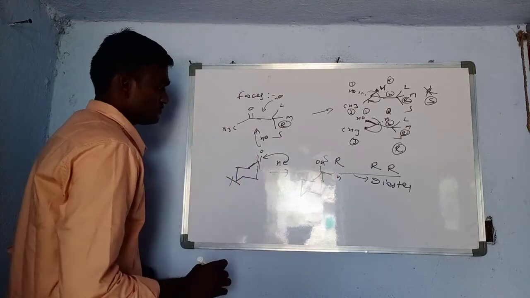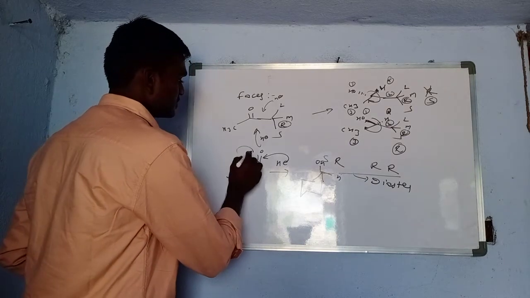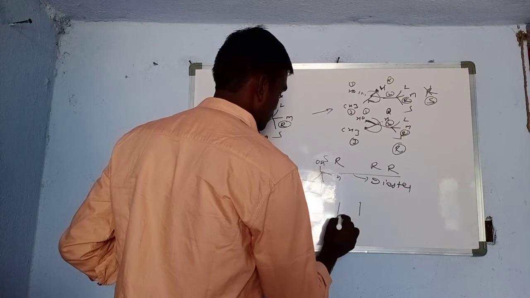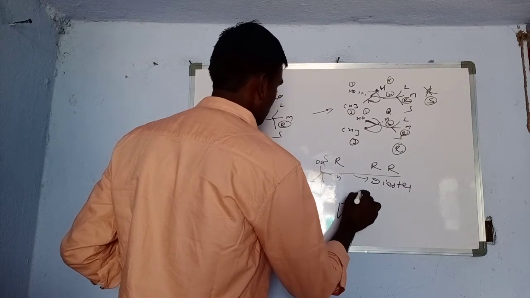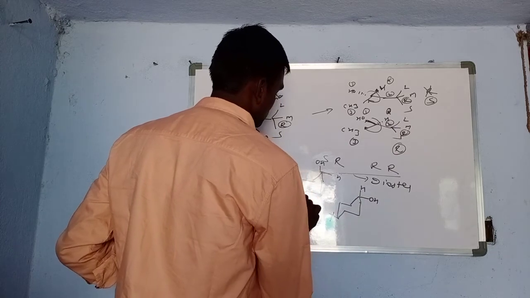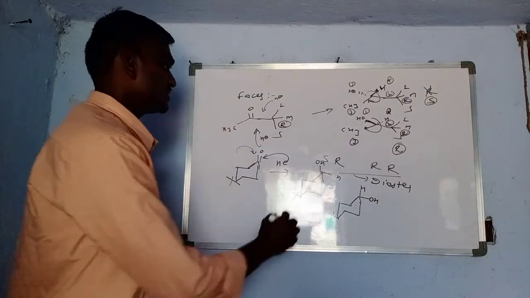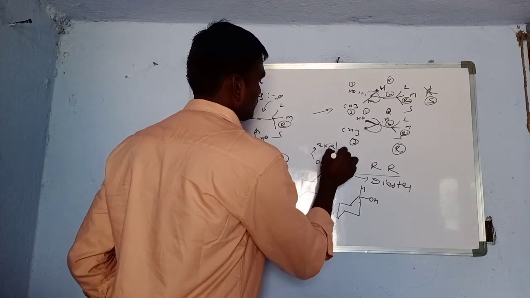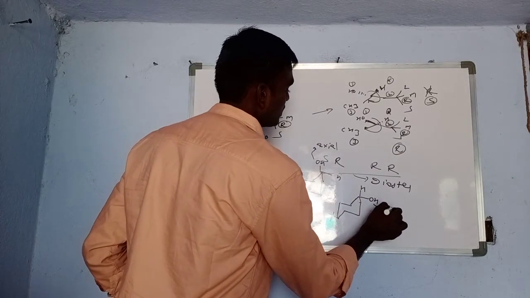If the hydride attacks in this direction, there is a formation like this. Here H and here is the OH. In this one the OH is axial, and for this the OH is equatorial.